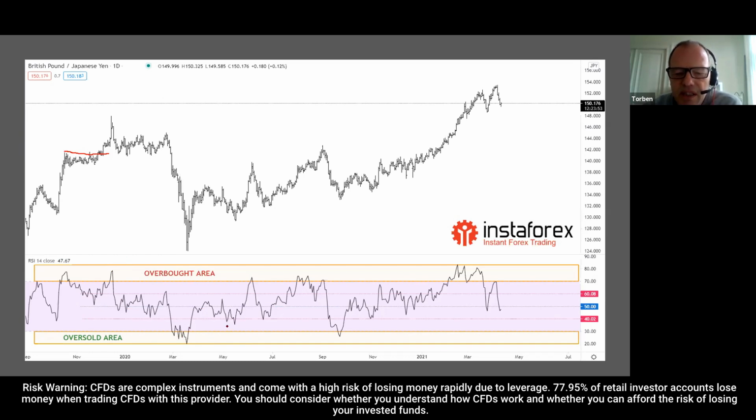You can't really see if this is a big bottom or just a temporary bottom. And of course, the more oversold the market is, if we're going down to 10 or maybe even to 5, 7 as seen sometimes, then the risk of a quick turnaround is bigger, but you can't be sure of that.